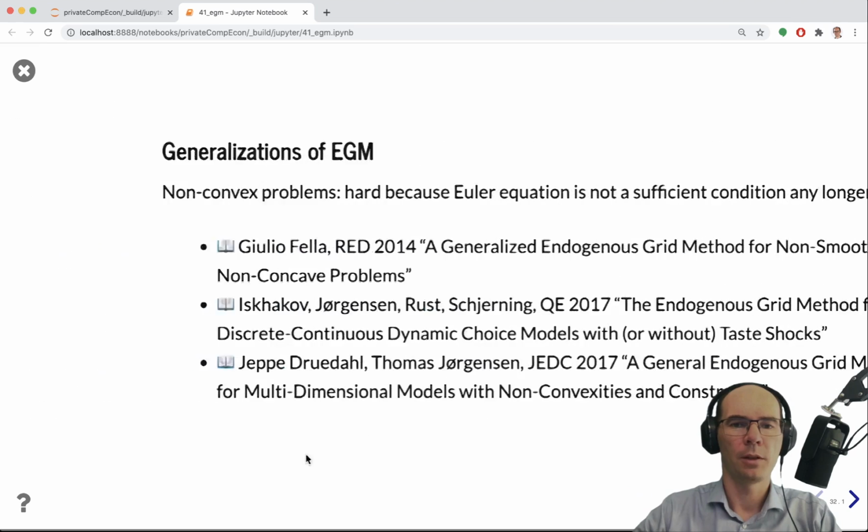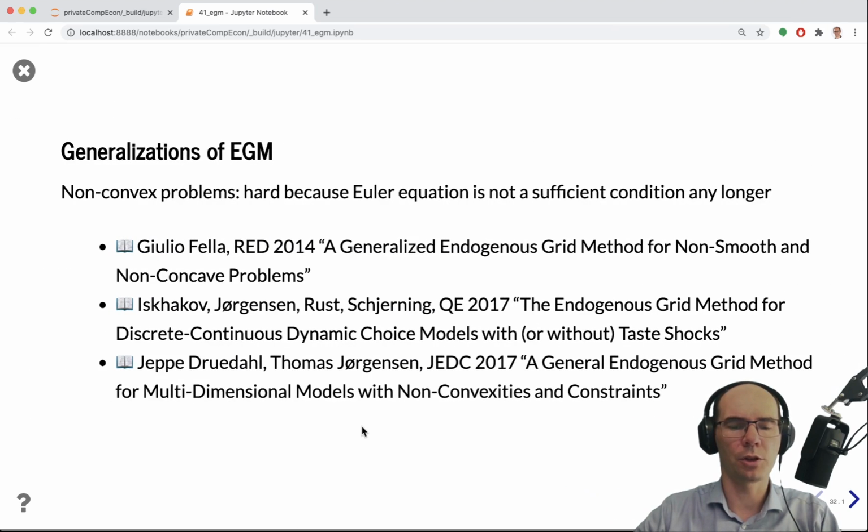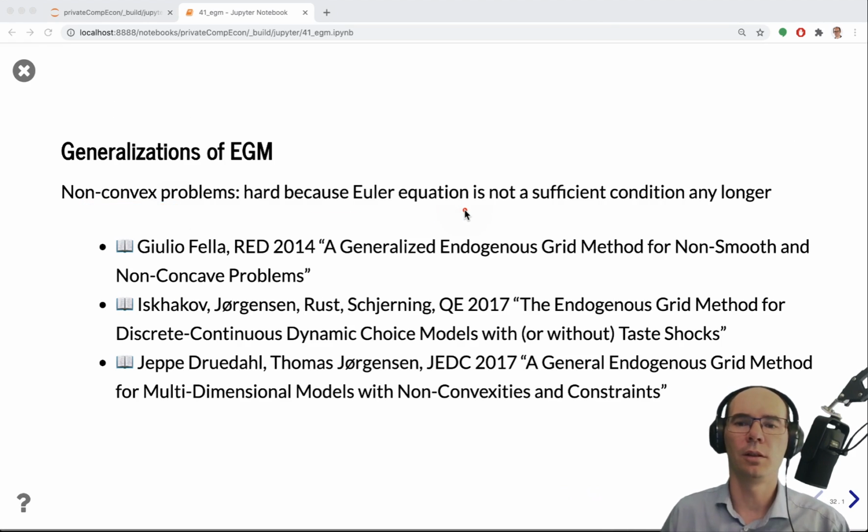Now, other generalizations also looked at the situations where you would have non-convex problems. And this becomes very hard because the Euler equation cannot be used alone, right? Because it's not a sufficient condition any longer. If you have a non-convex problem, then the Euler equation, hopefully, and it does, stays a necessary condition.